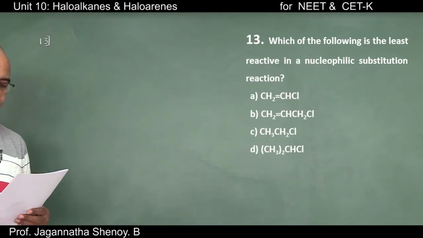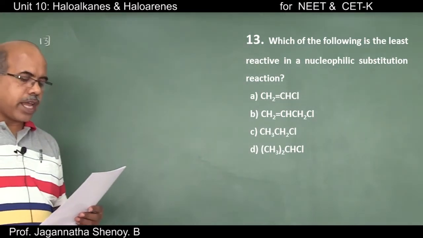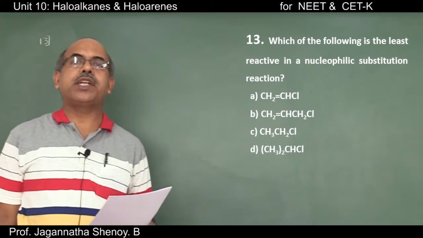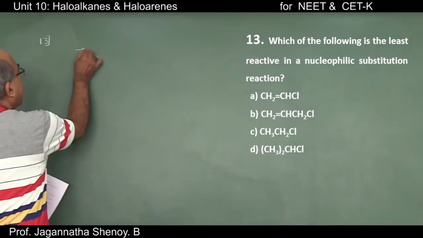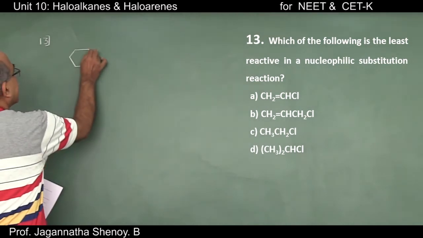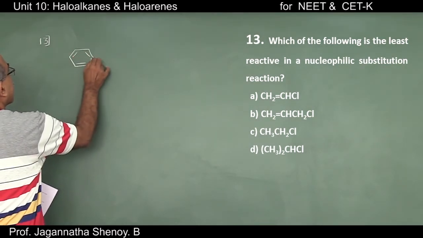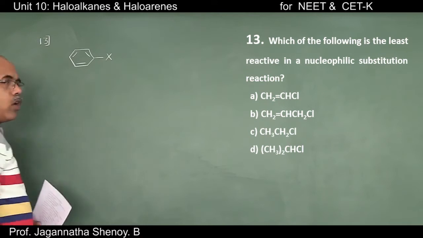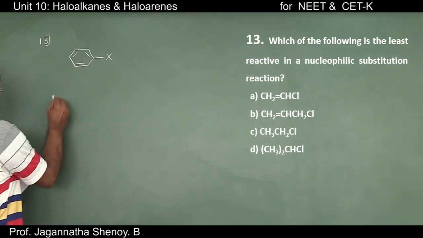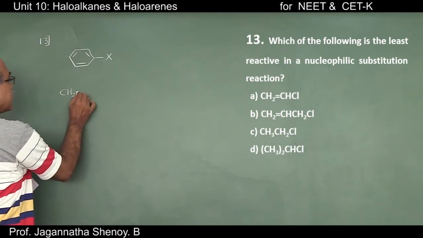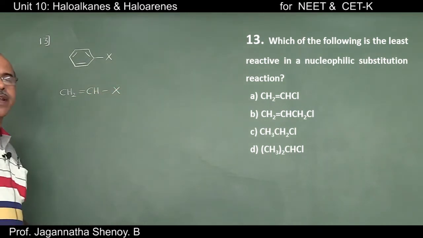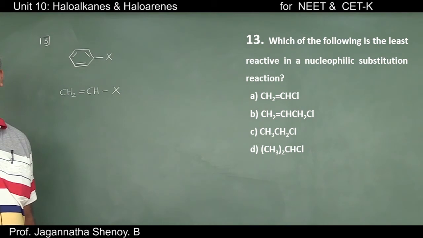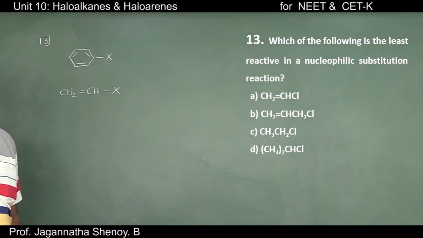Which of the following is the least reactive in a nucleophilic substitution reaction? You know, if I start from aryl halide or if I consider vinyl halide, both of them are unreactive towards nucleophilic substitution reaction.